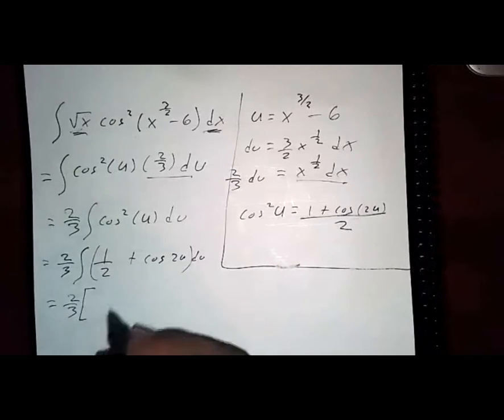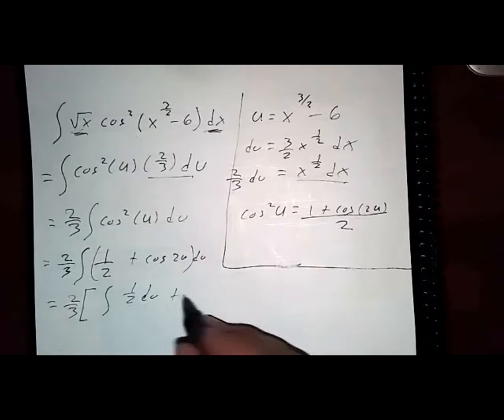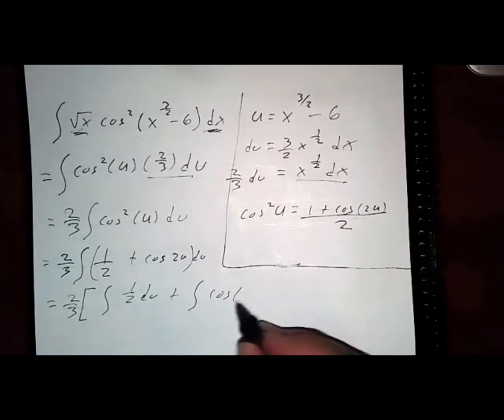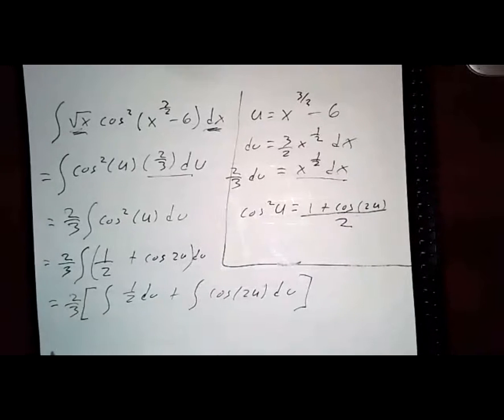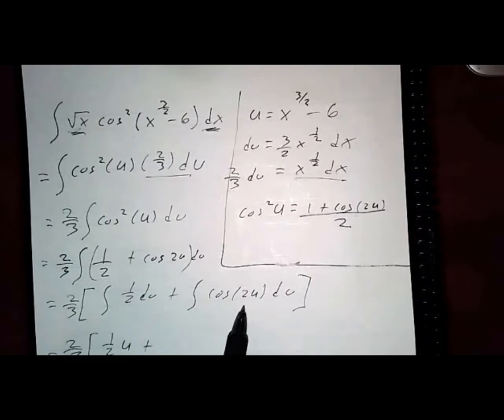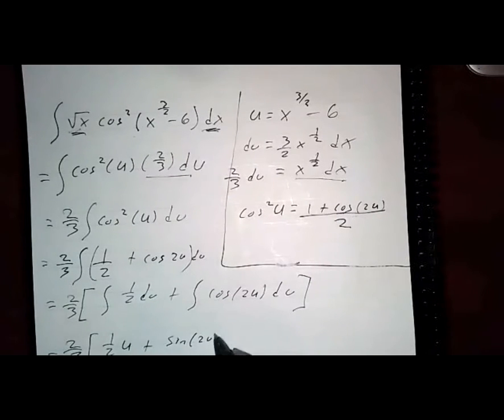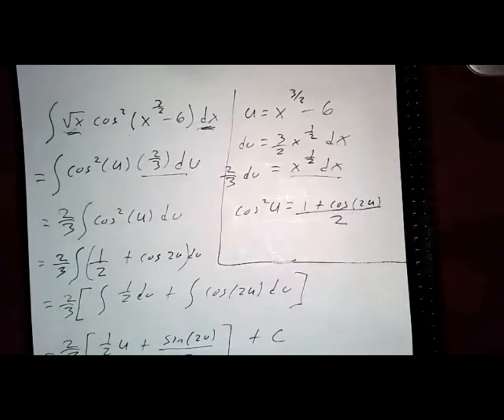So you're going to have the integral of 1/2 du plus the integral of cosine 2u du. So then that will become the integral of 1/2 du is just 1/2 u, plus the integral of cosine 2u will be sine 2u over 2, plus c.